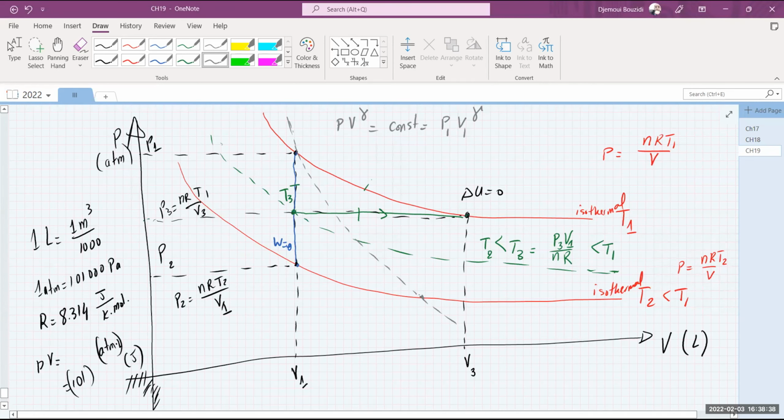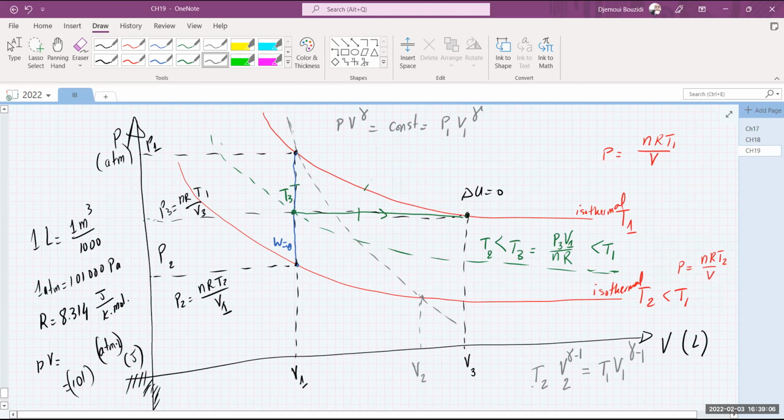And if I want to find it here, what is this volume? Well, this volume must satisfy T2, because it passes by this temperature. T2 times this V2 in here, this volume in here, to the power gamma minus 1 equals this temperature T1 times this volume V1 to the power gamma minus 1.